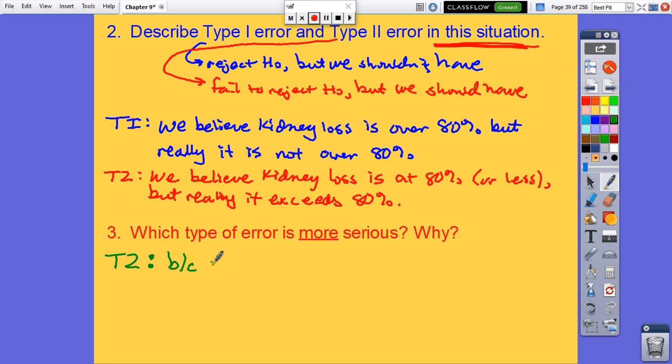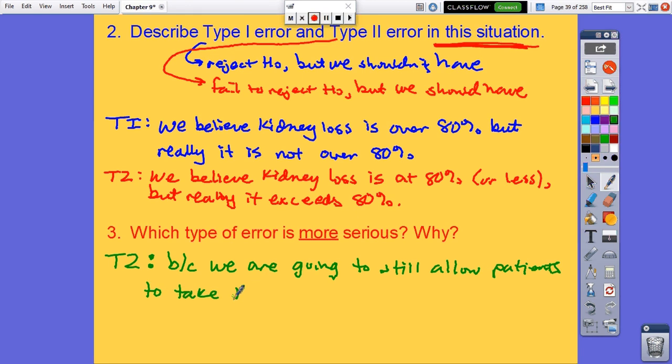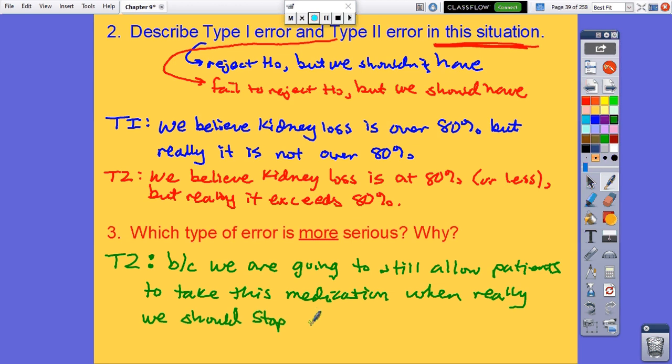because we are going to still allow patients to take this medication when really we should stop giving it to everyone.